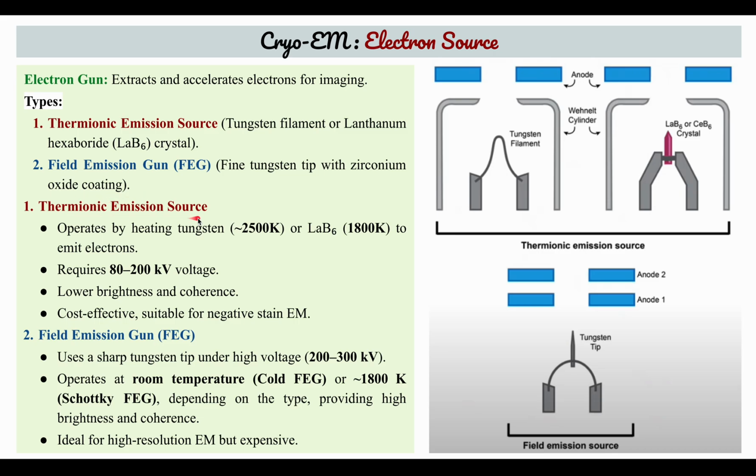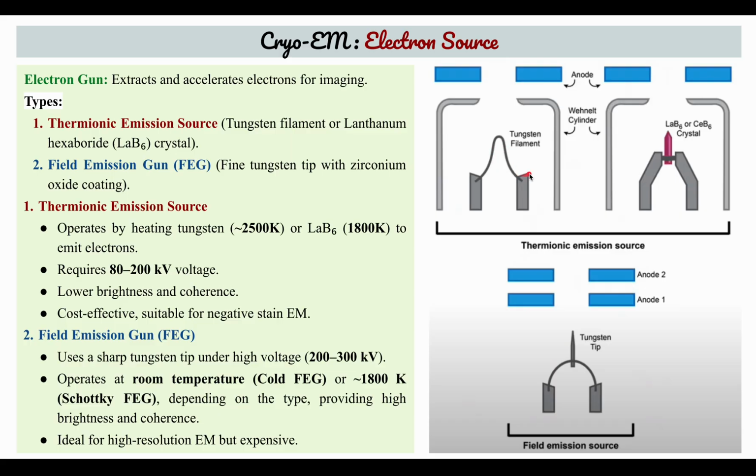In the case of the thermionic emission source, as the name suggests, thermionic means there is some temperature, some heat involved. So it operates by heating the tungsten filament or lanthanum hexaboride. Tungsten is heated at around 2500 kelvins, and lanthanum hexaboride, if it is used, is heated at 1800 kelvins to emit the electrons.